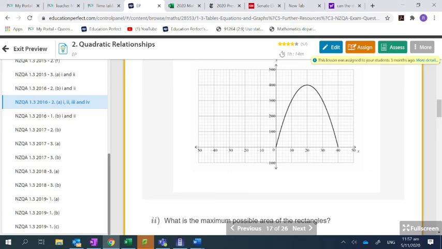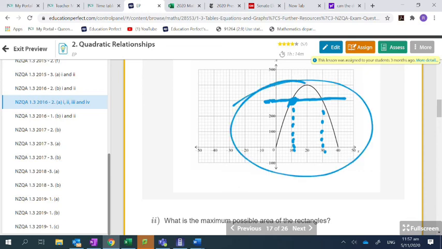Look, if you want it to be below 300, here's 300. Where does it intersect there? Where does it intersect there? And that's perfectly acceptable as long as you show where you got them on the graph.